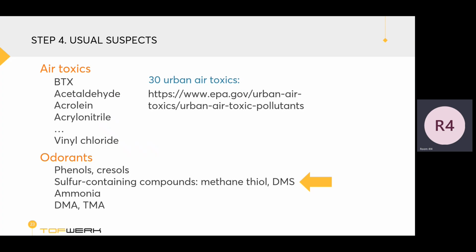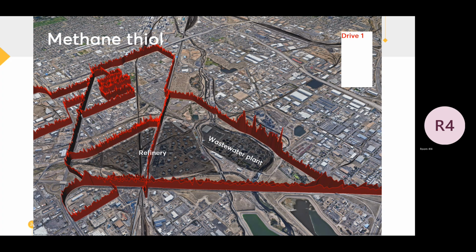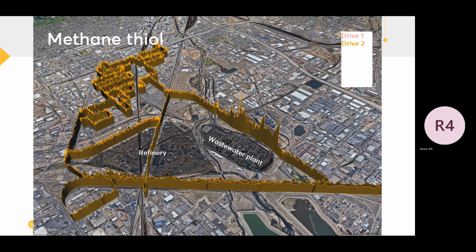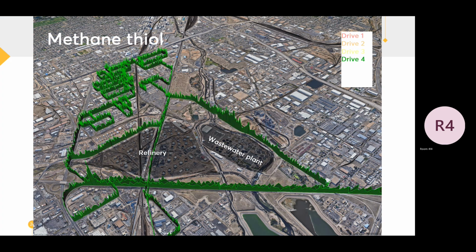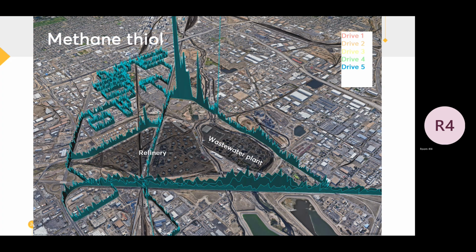I'll show you methyl mercaptan. I'm going to step through the maps of methyl mercaptan enhancement on each day. I want you to pay particular attention to the area right next to the wastewater plant. It's a pretty terrible odor-causing compound around the wastewater plant, so this is probably a good fingerprint species.